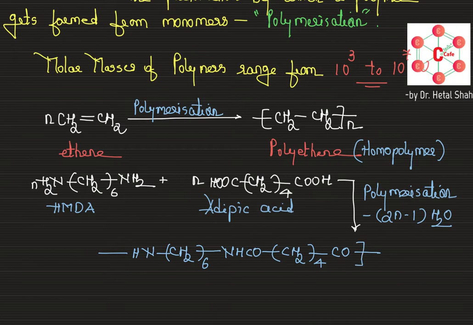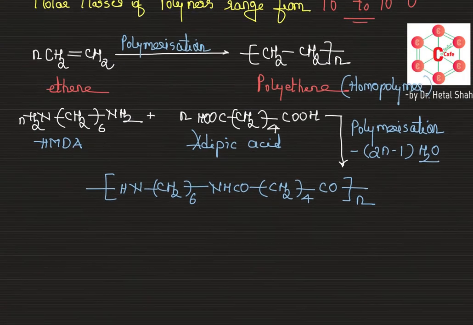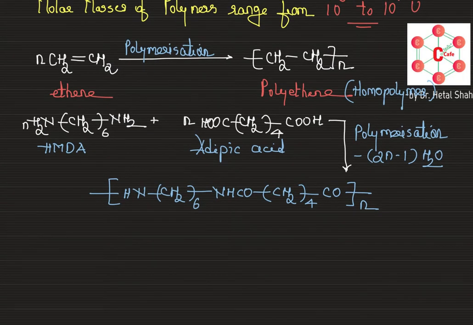So you find that this is what you get. When this chain ends, there would be one NH2 left, just like that. And when this chain ends, there would be one COOH left, just like that, and it would not undergo condensation. So ideally, one water molecule less. So it's not 2n, but 2n minus 1, right? And this is the amide linkage that you see. So such molecules are also called polyamides.